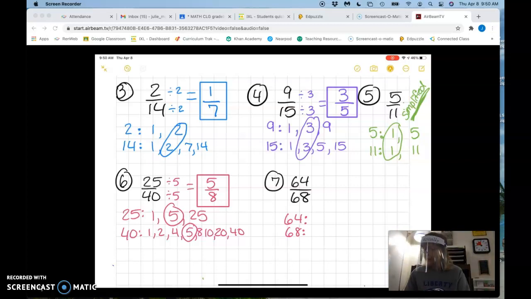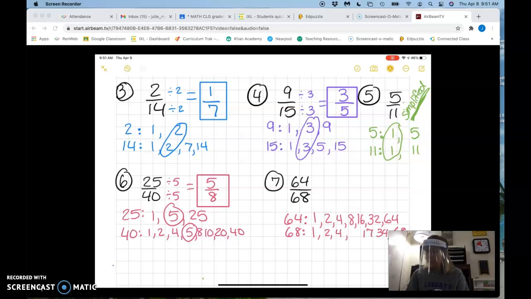What are the factors of 64? 1, 2, 4, 8, 16. 1 and 64, 2 and 32, 4 and 16, and then 8. Okay. And then what are the factors of 68? 1 and 68. 2 and 34. 4 and 17.